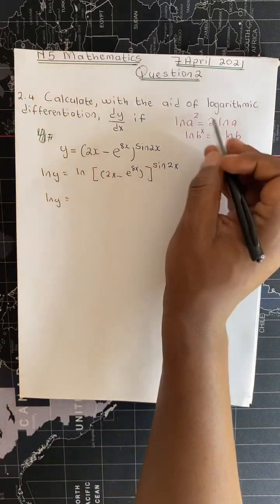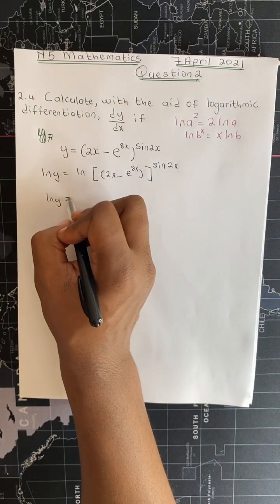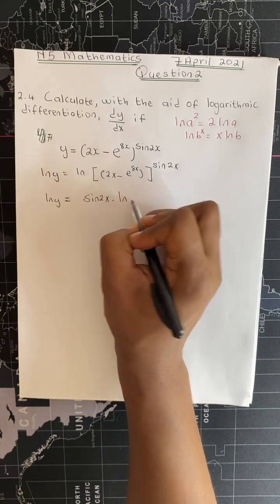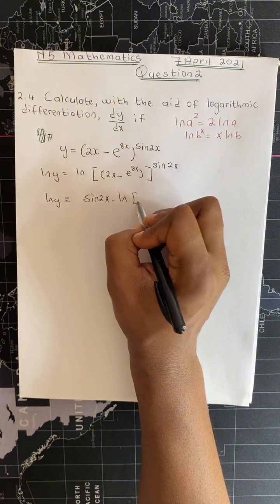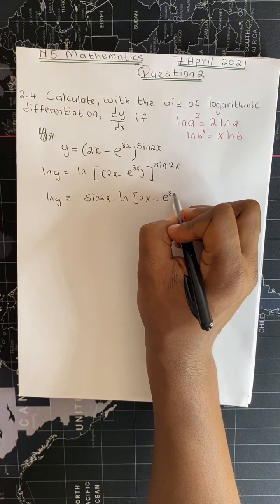So this one, according to our logarithmic laws, will be equal to sine 2x multiplied by ln of (2x minus e to the power 8x).